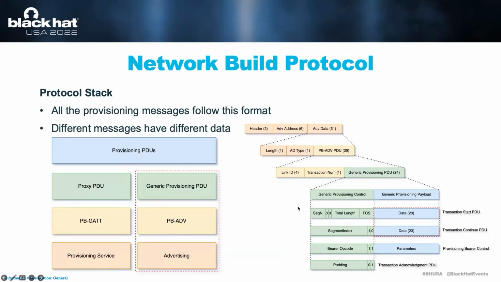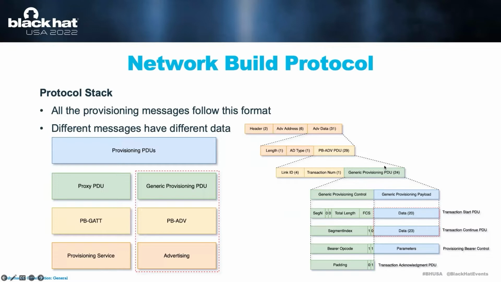Next, we need to take a further look at the provisioning message format. In fact, all the messages used in provisioning follow this format. We can see the whole packet is just a Bluetooth Low Energy advertising packet, which means that Bluetooth Mesh is actually built on top of Bluetooth Low Energy.